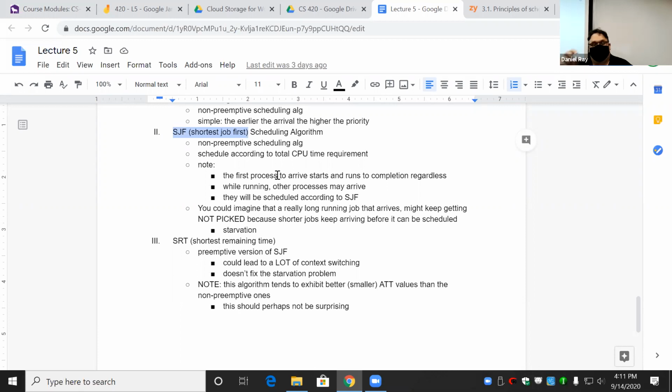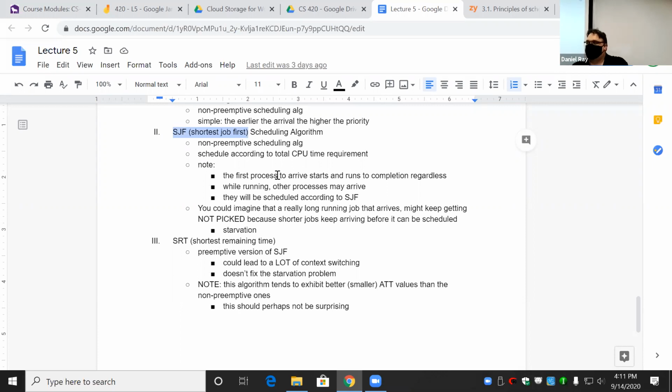With shortest remaining time, which is just shortest job first done preemptively, it's not the total time that gets minimized, it's the remaining time.